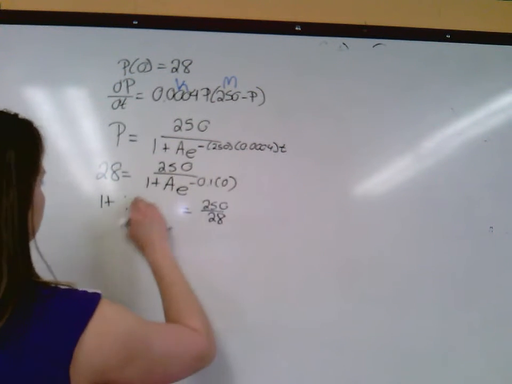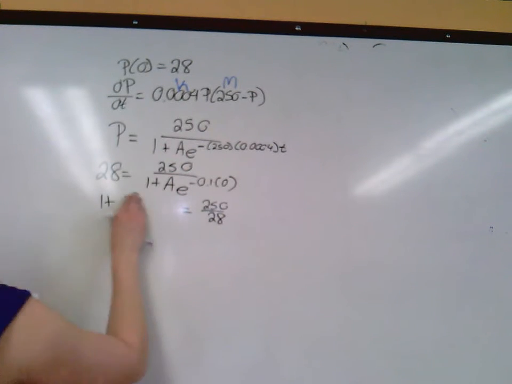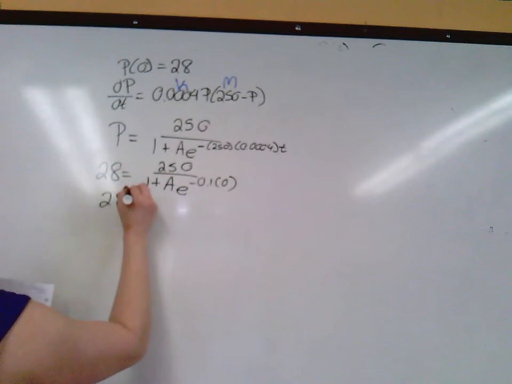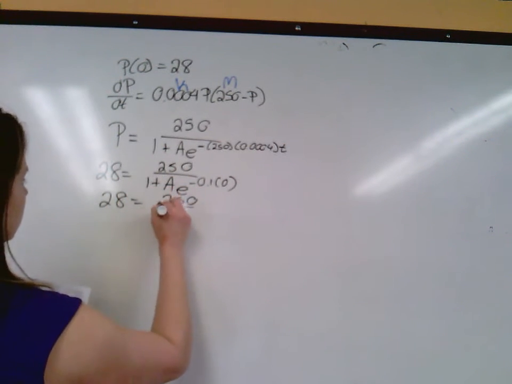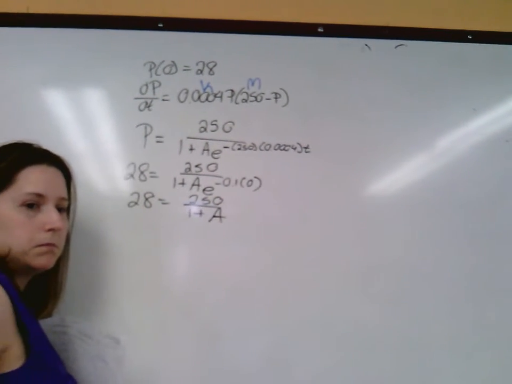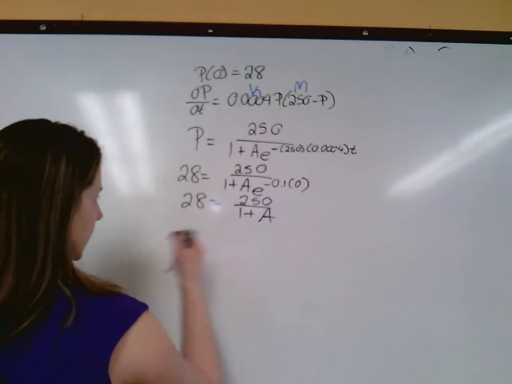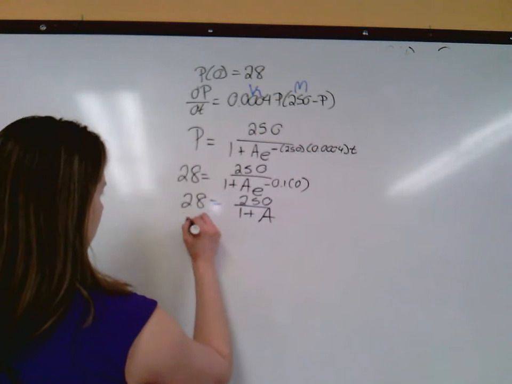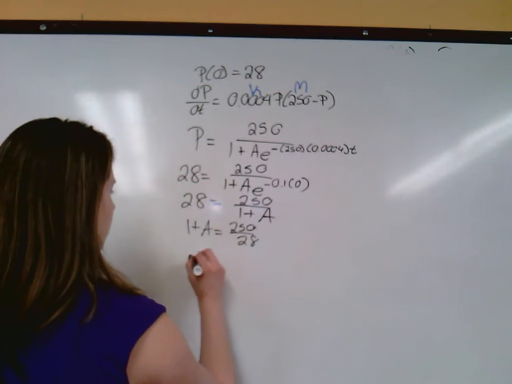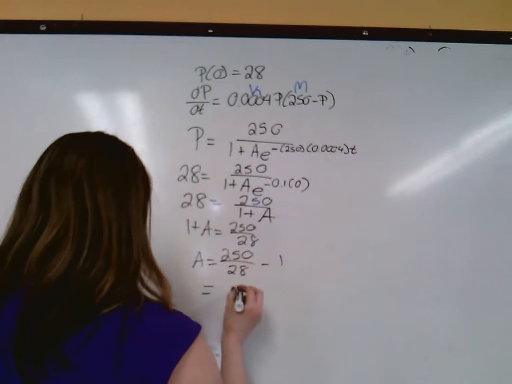So that made it easier. We'll just have 28. Okay, that's better, there's a glare. So you got 1 plus A equals 250 over 28. Subtract 1, A equals 250 over 28 minus 1, and you're going to get 7.93.